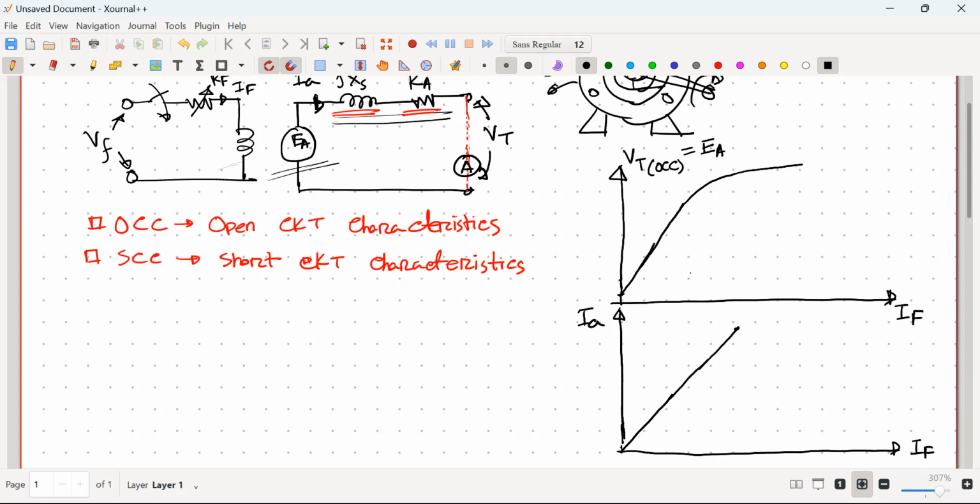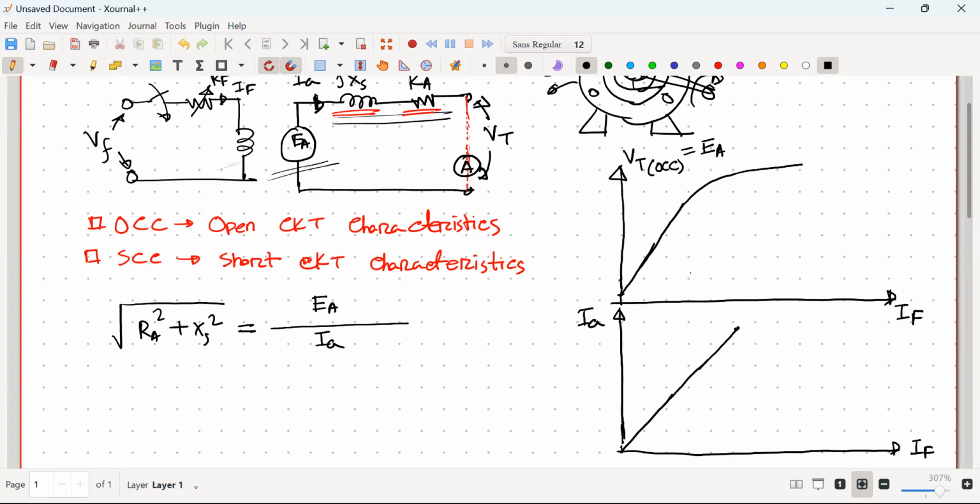Now under short circuit condition, what is the value of XS or RA? We can say the square root of RA square plus XS square. That will give us EA over IA.